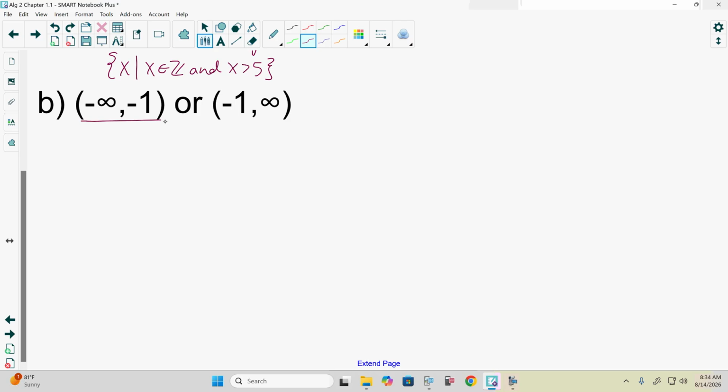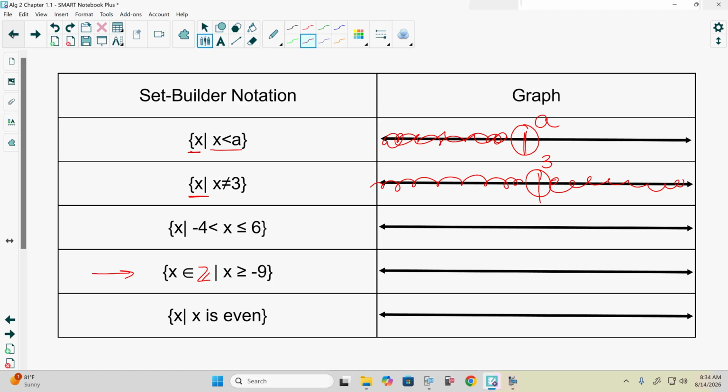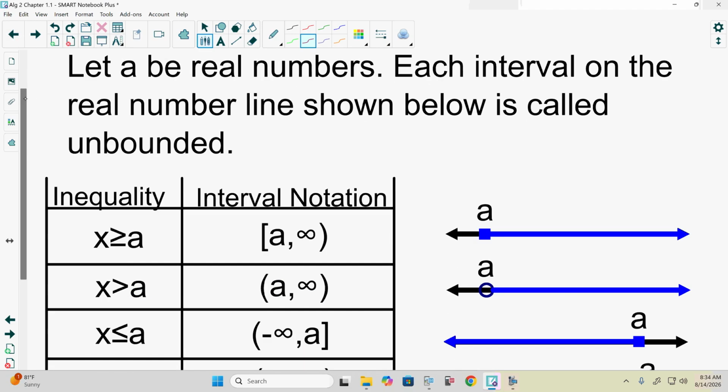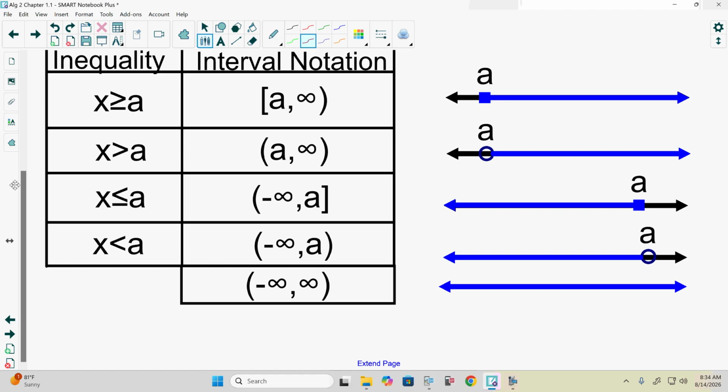Negative infinity to -1. So we're talking about all the numbers that are less than -1. Because the one that they gave us was negative infinity comma -1, yes?